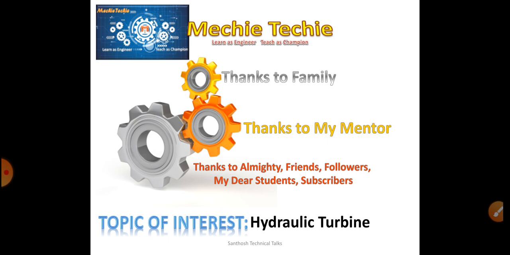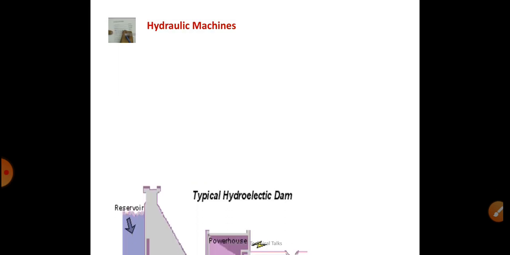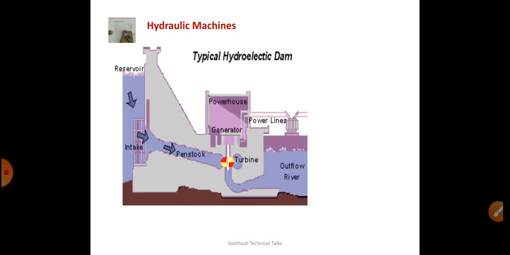Today's topic of interest is hydraulic turbines. First of all, hydraulic turbines are used in hydroelectric power stations where a stationary reservoir called a dam is there.